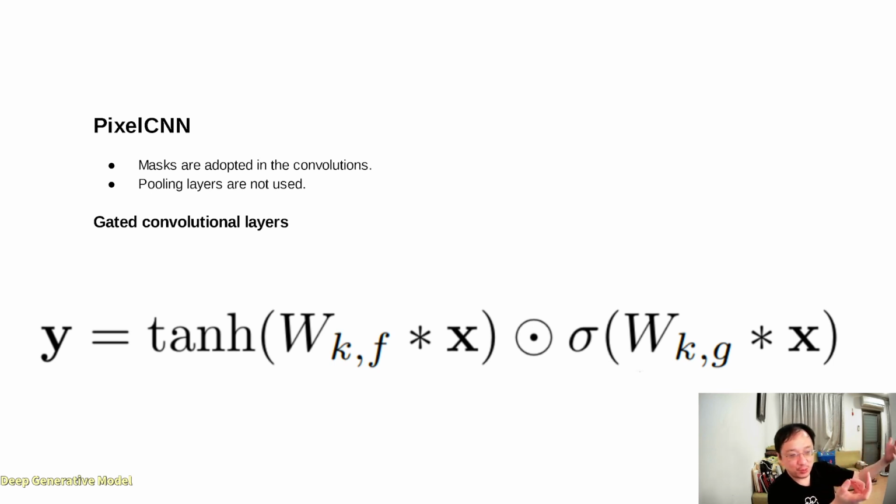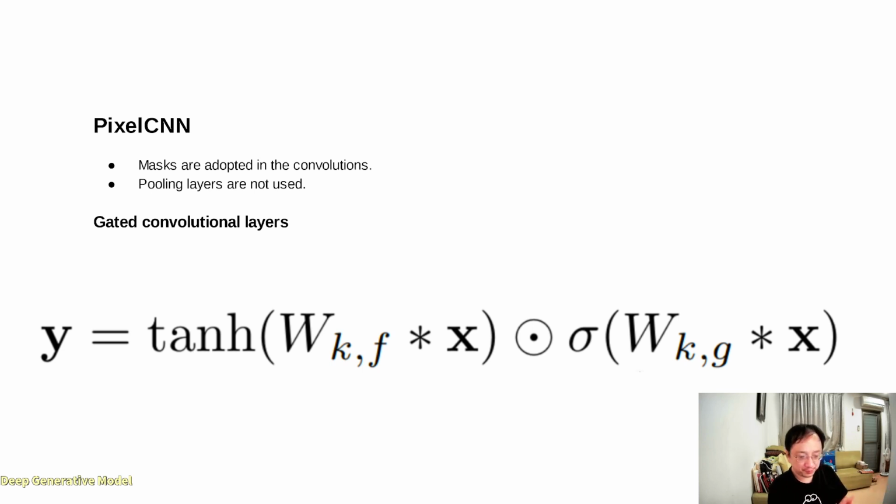Otherwise, if we already know the future pixels, then there's no point in generating the image because we already know the pixels. The whole point of autoregressive generation is that we only know the past information. We don't know the future information. So we need to do something, which is called a mask.